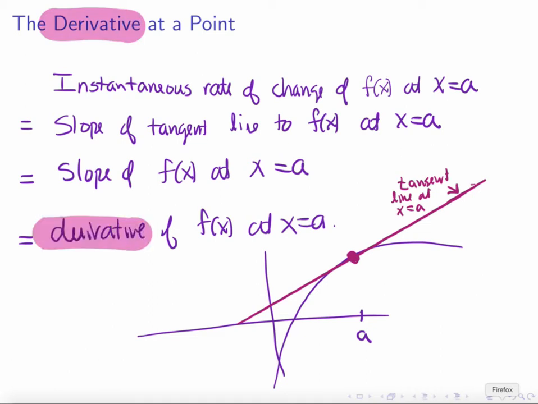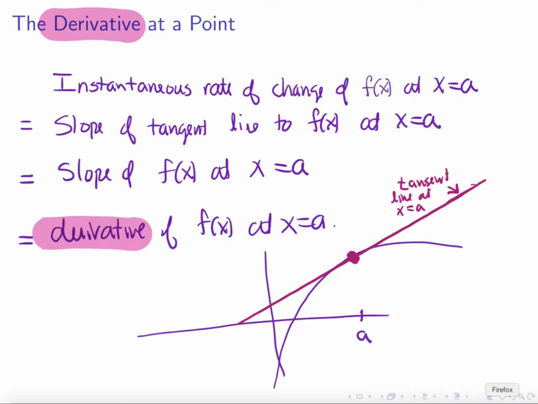The derivative of f of x at x equals a is the slope of the function f of x at x equals a, which is defined to be the slope of the tangent line to f of x at x equals a, which is the same thing as the instantaneous rate of change. And we just saw a video about what that instantaneous rate of change means, and that kind of gives us an idea about how we can calculate it.